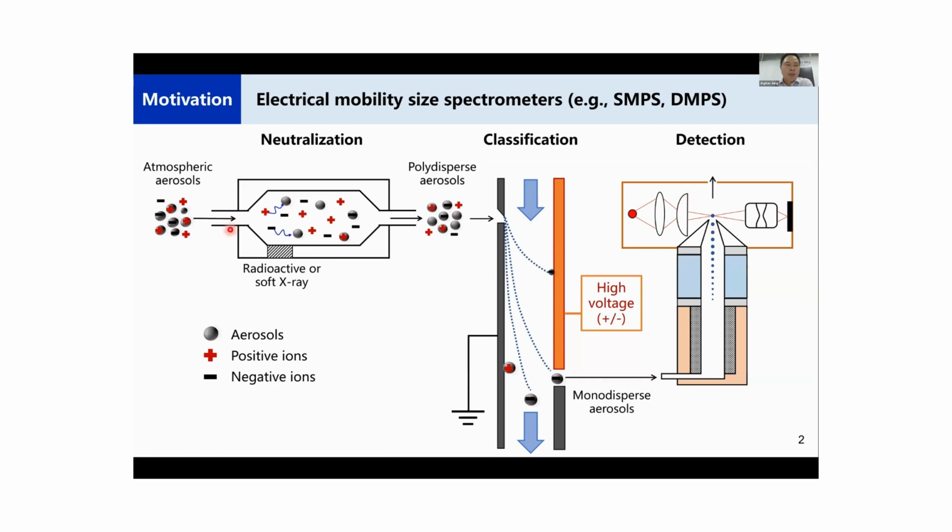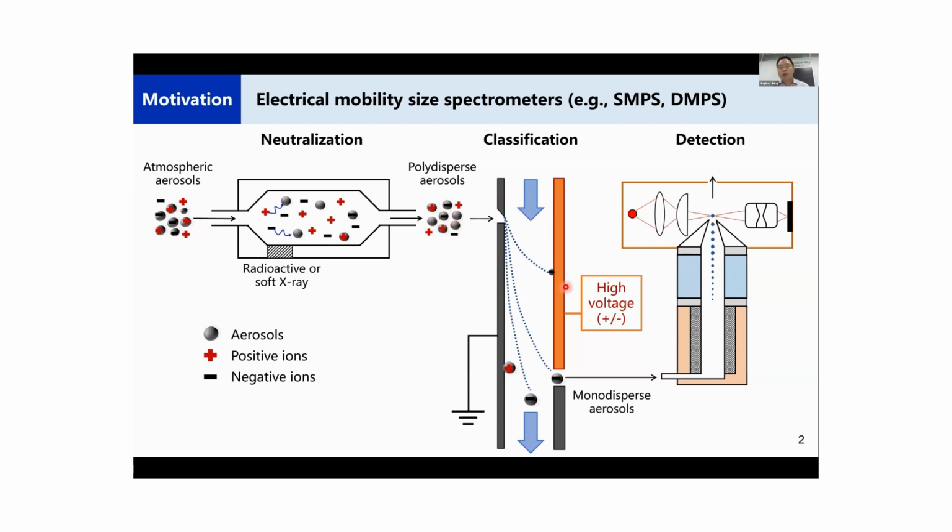So typically, we bring atmospheric aerosol in and condition their charge state using a generated bipolar environment. These ions can be from radioactive material or soft X-rays. And after the charger, we assume that these aerosols were brought into a stationary charge state. In this state, a majority of particles are neutral. Some of them are positively charged and some are negatively charged.